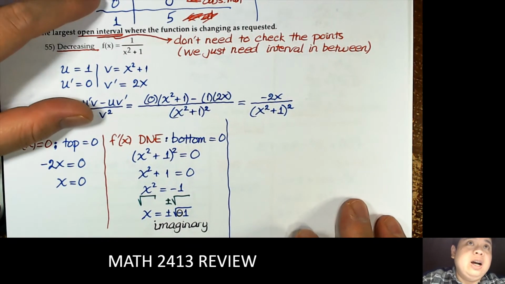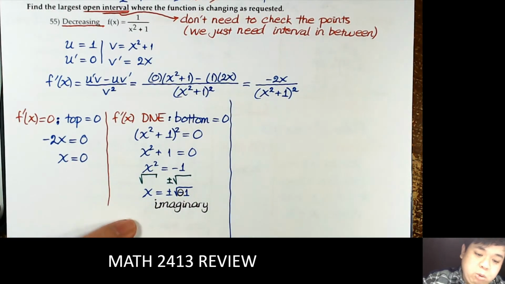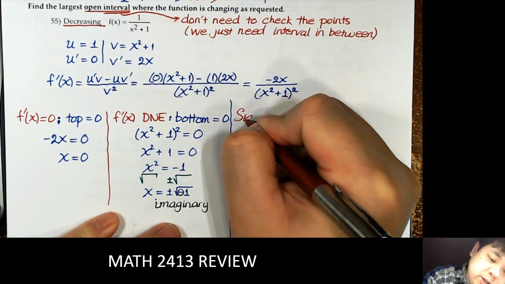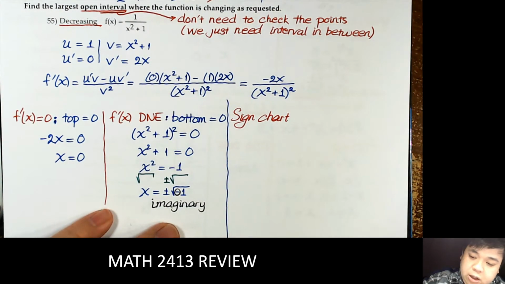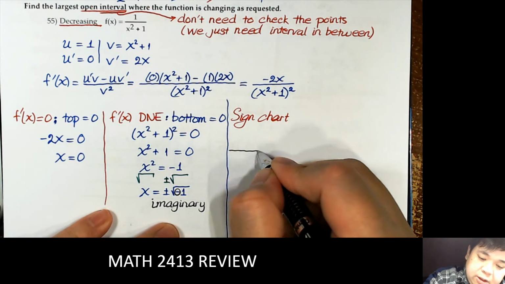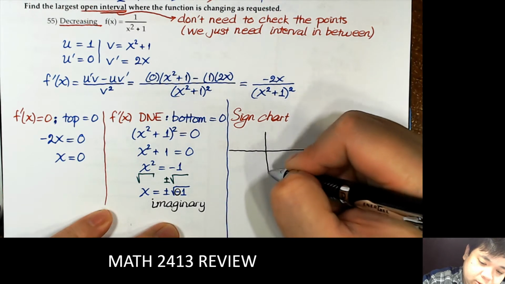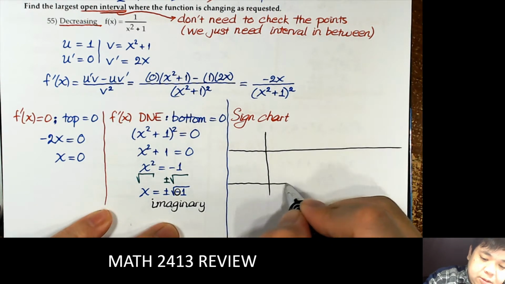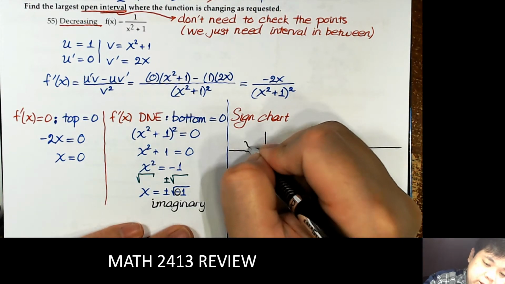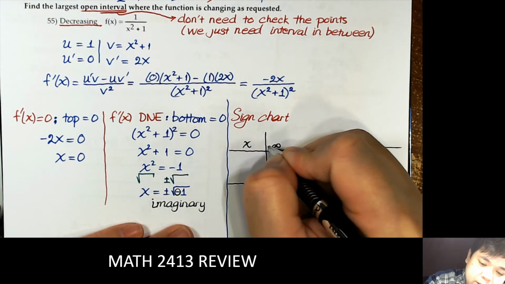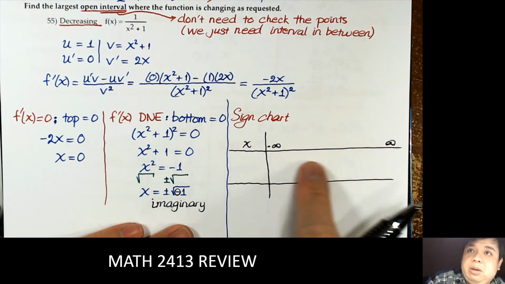Next, the different thing here, instead of doing the table with the original function, what we do next is a sign chart. So we will have a number line from negative infinity to infinity.